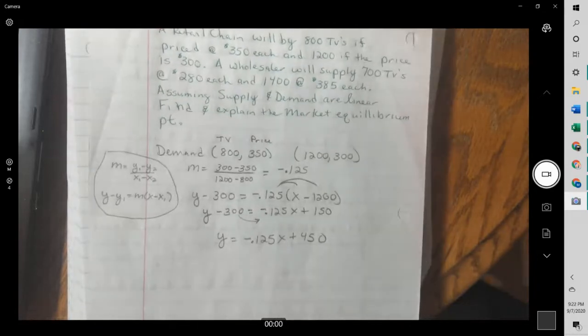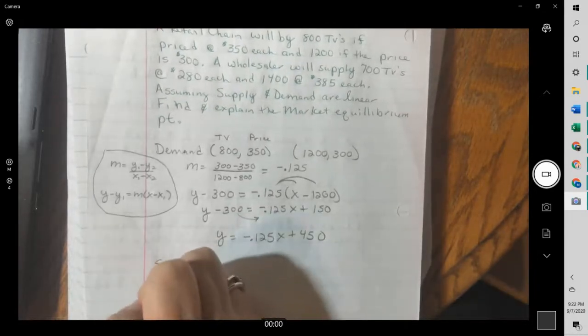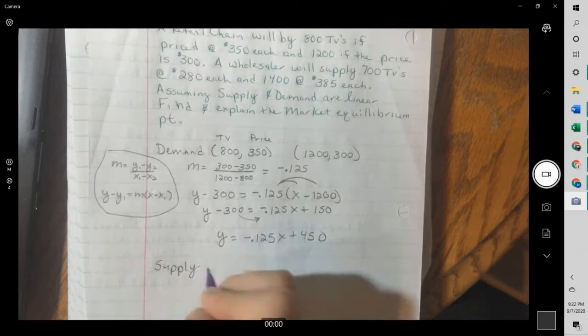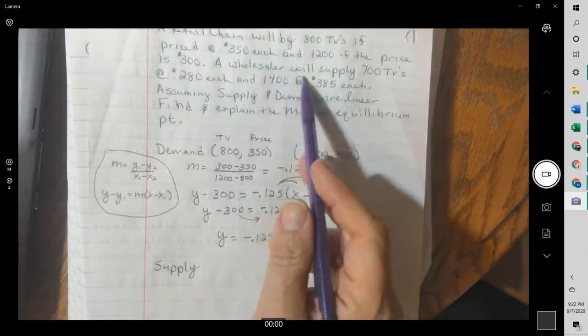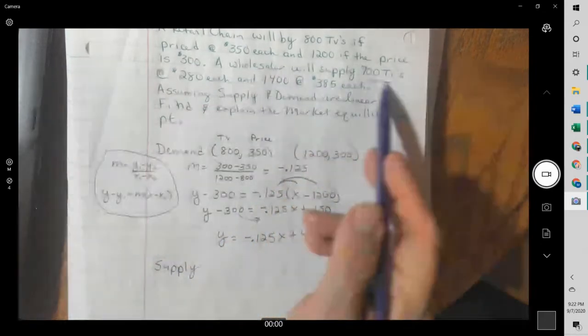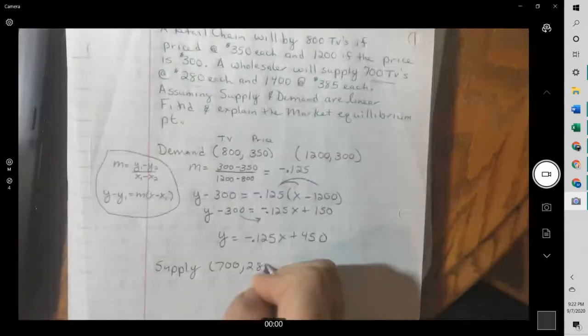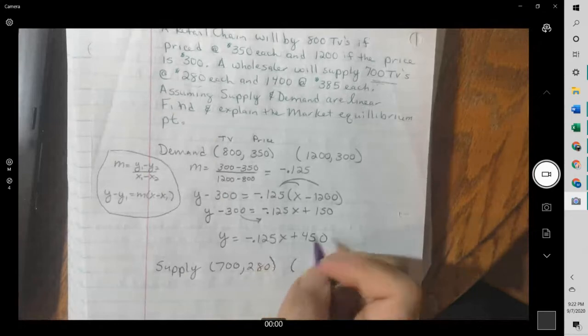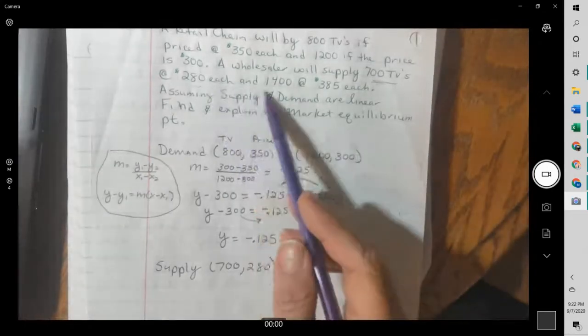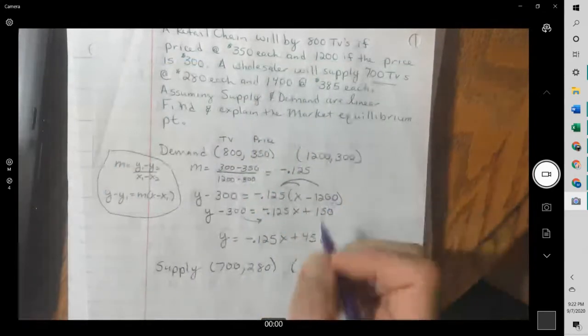Now you do the same thing for the supply. A wholesaler will supply 700 TVs at 280 and 1,400 at 385.